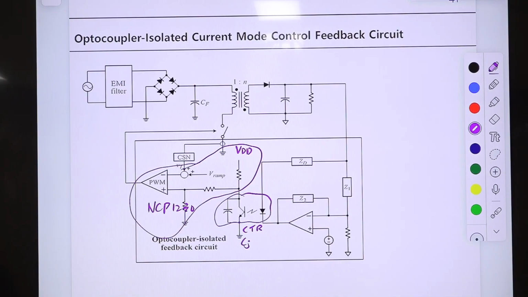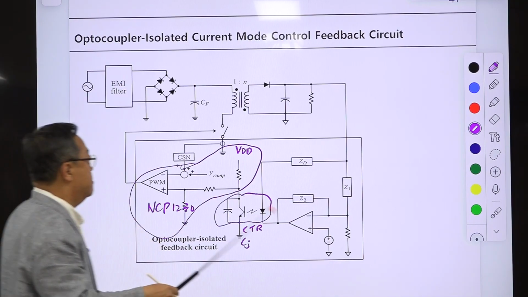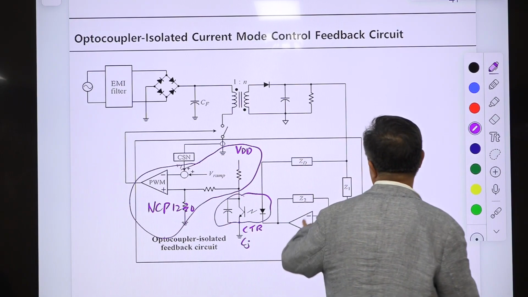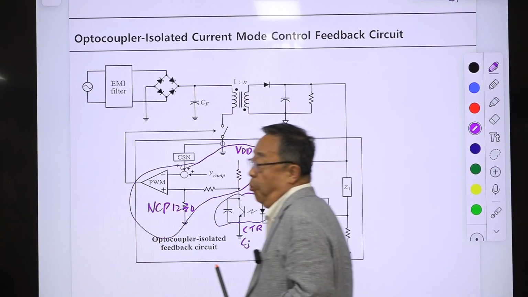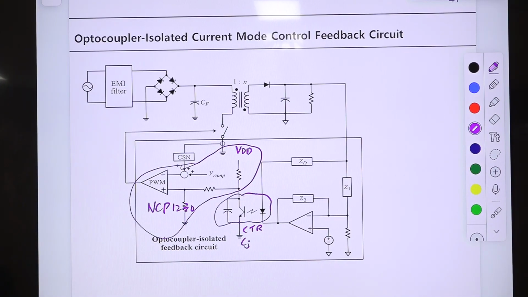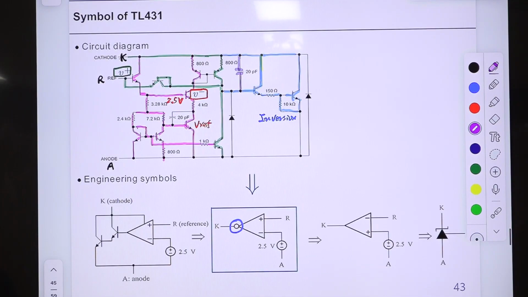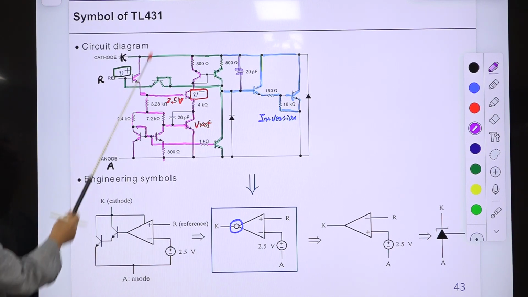And this is the TL431 operational transconductance amplifier. Let me review this. This is the full schematic of the TL431.